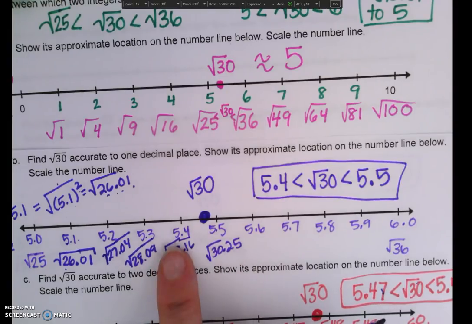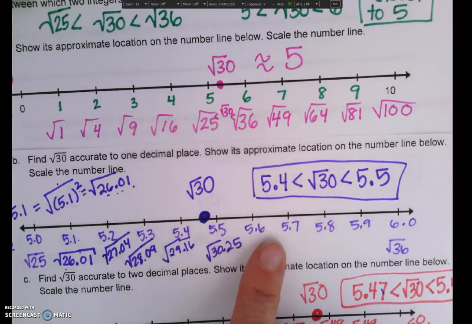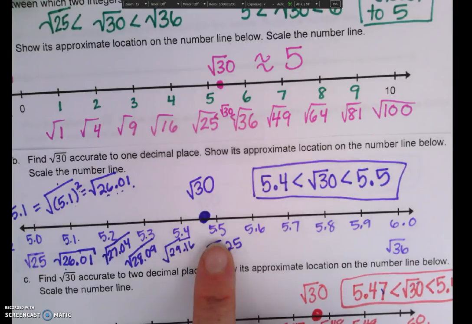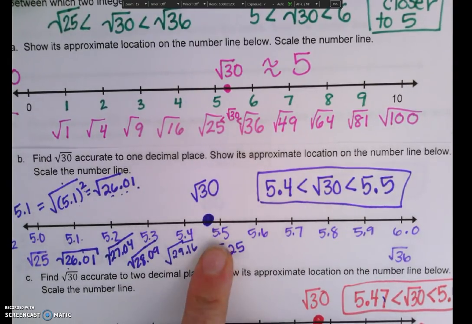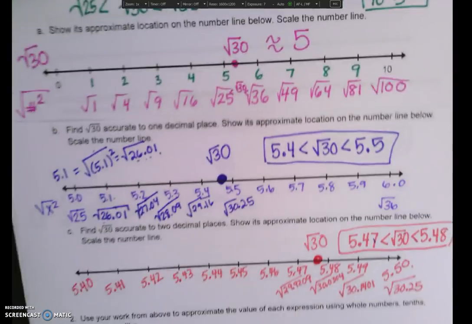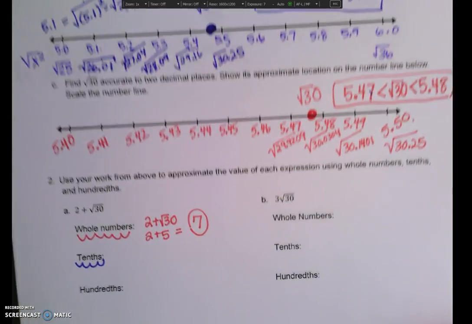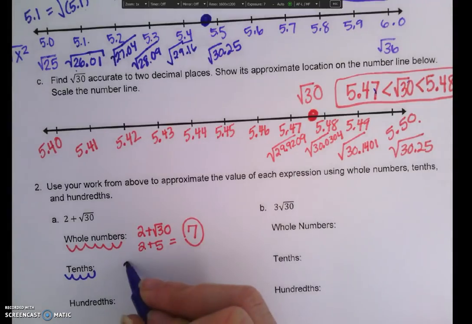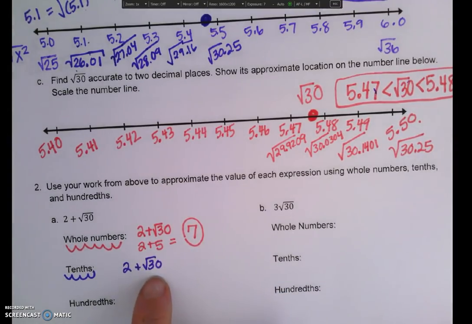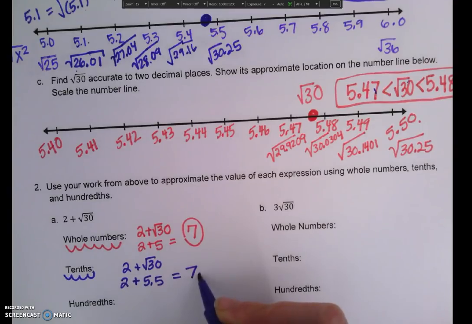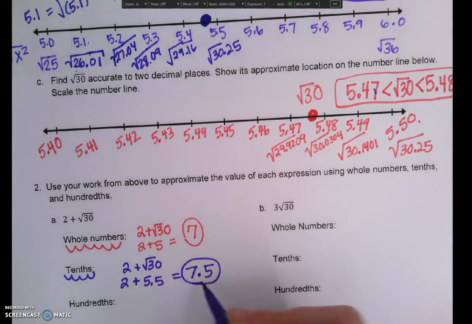We know that it's going to be 5.4 something, but it's going to be closer to 5.5. So if we were rounding to the nearest tenth, we'd say 5.5. So going back down here to the nearest tenth, 2 plus radical 30, substituting in my answer rounded to the nearest tenth, 2 plus 5.5 gets me 7.5 to the nearest tenth.